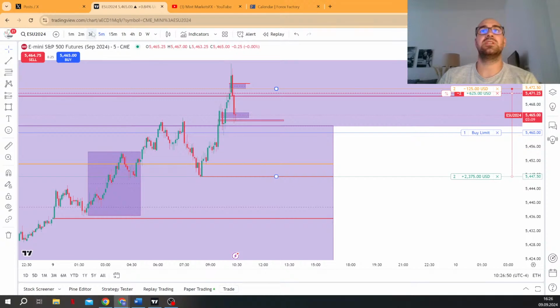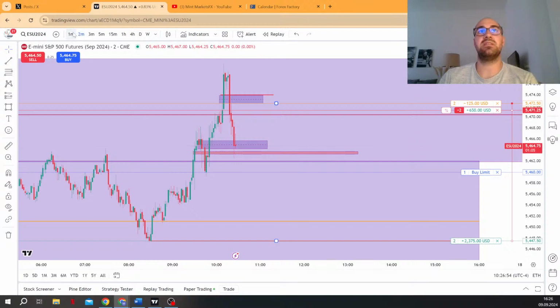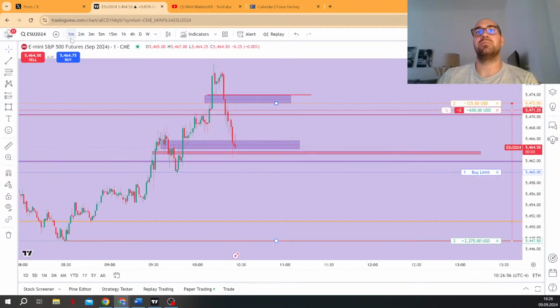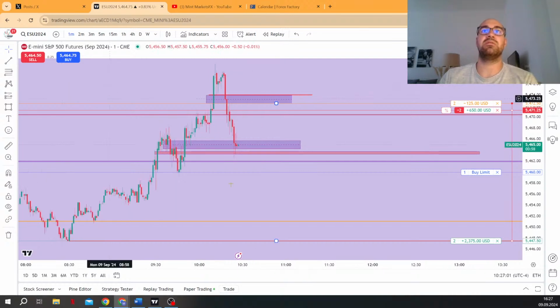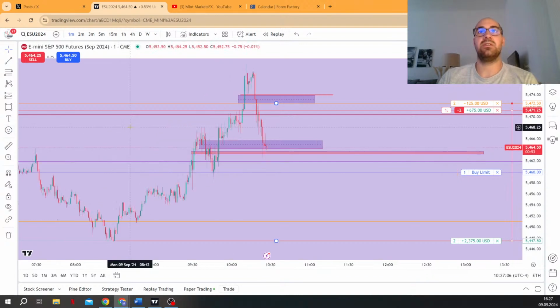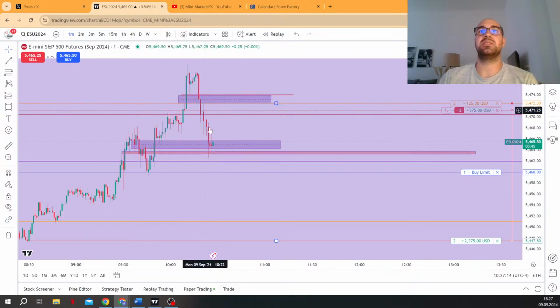So we just need to manage that. Maybe the stop is a little bit too aggressive. We will see about that. But I think I should not get stopped out if this trade unfolds as I'm expecting it, let's say like this. I think it would not be ideal if it takes my stop out.